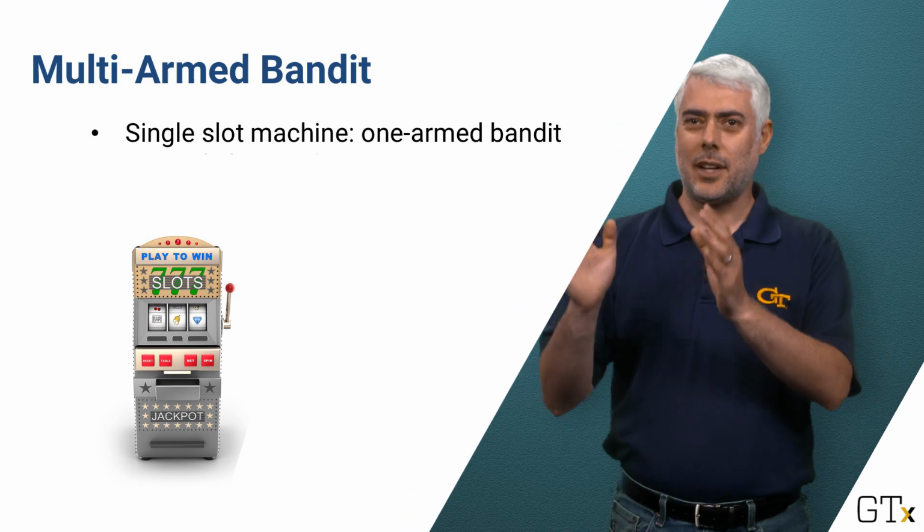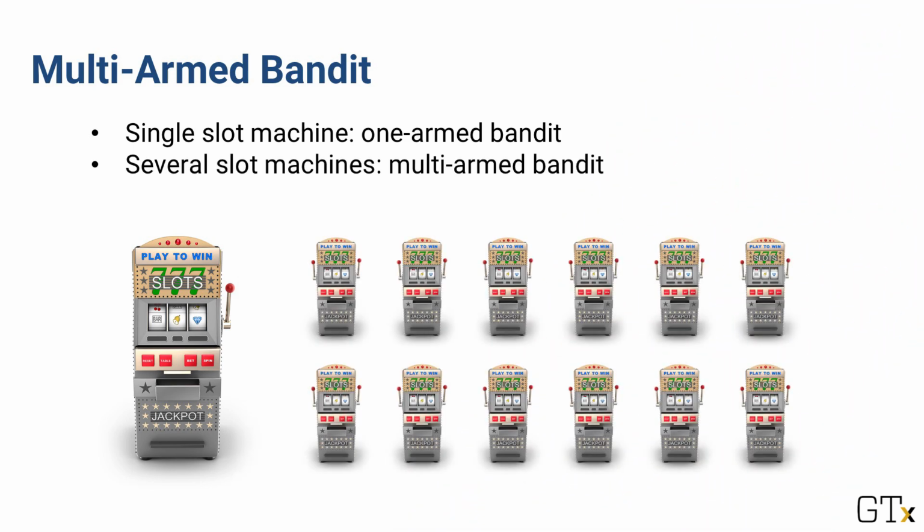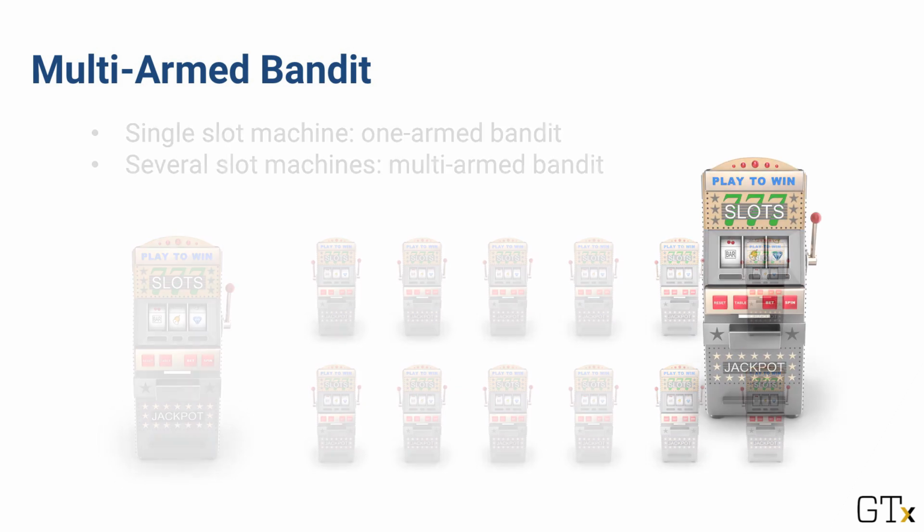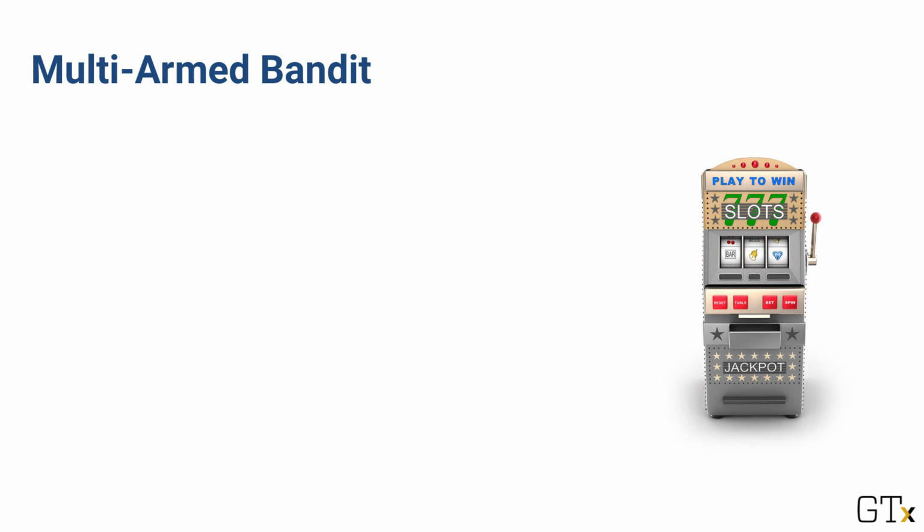But suppose there were several slot machines next to each other, each with a different expected payout that we don't know. A slot machine player would want to play the one with the highest expected payout, but the only way to find out which has the highest payout is to test them all. Anyway, here's how the multi-armed bandit approach works. There are different variations, but they all work something like this.